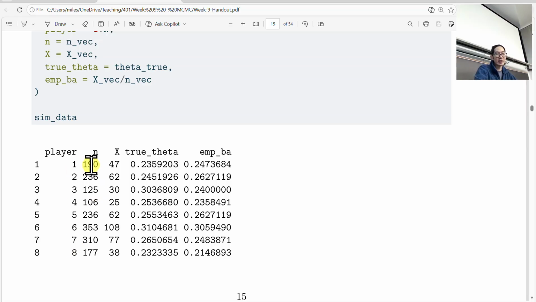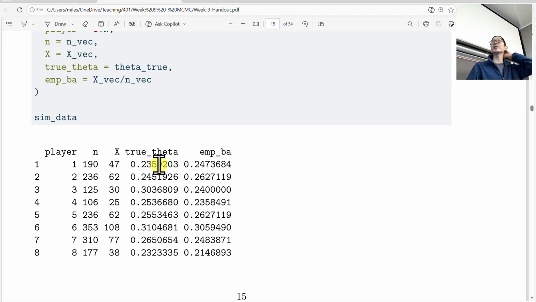So this player had 190 at-bats, 47 hits. So if we estimated this player's batting average based on our observed data, it's going to be 47 divided by 190, which is .247. This is generated from a binomial distribution where the true value of theta is 0.2359.